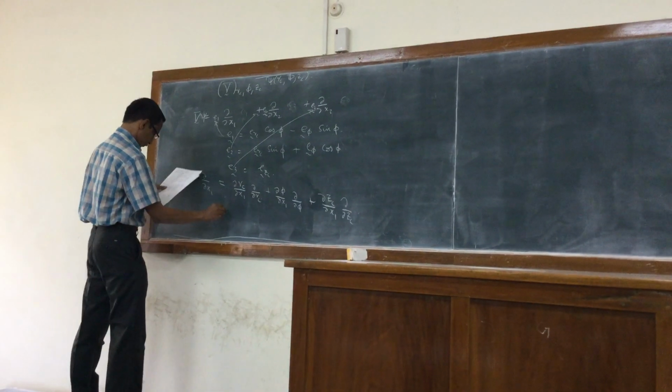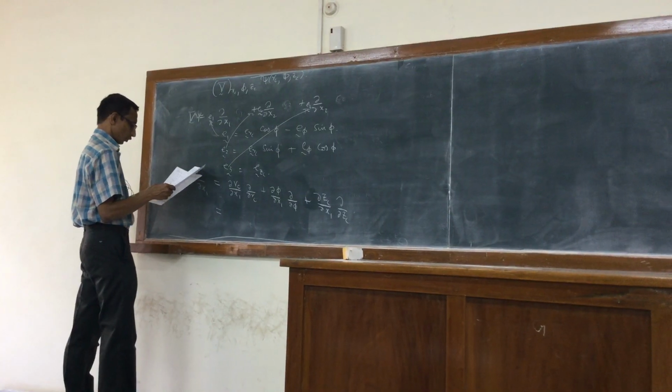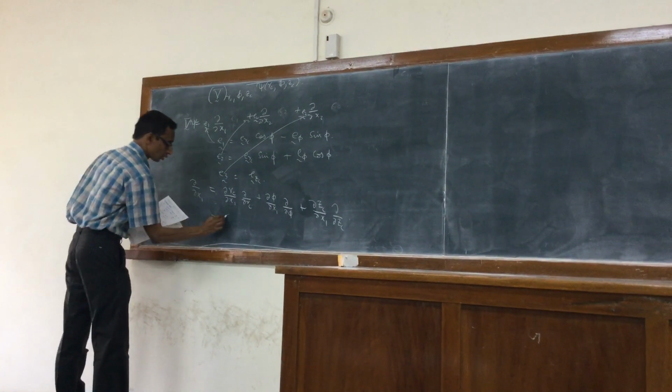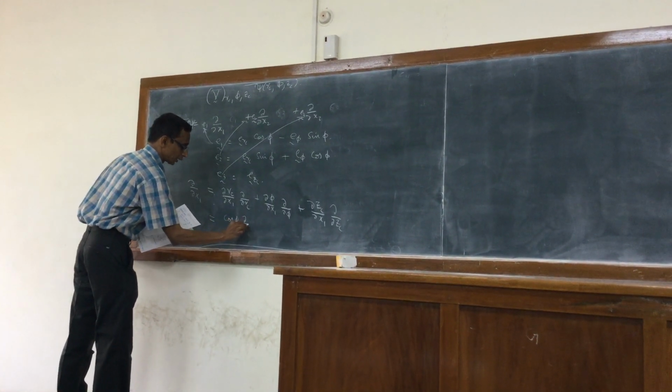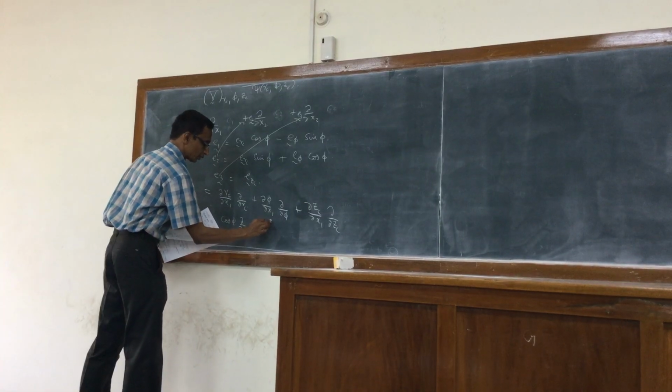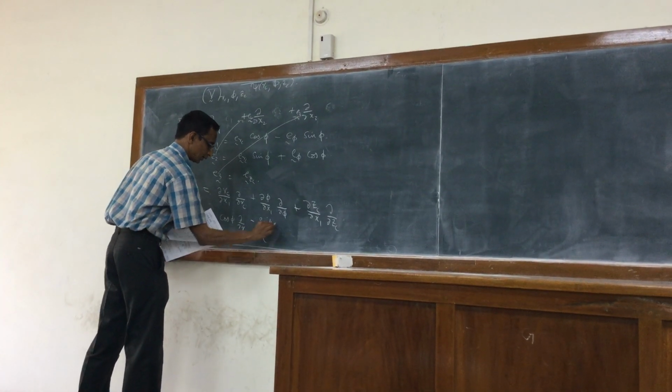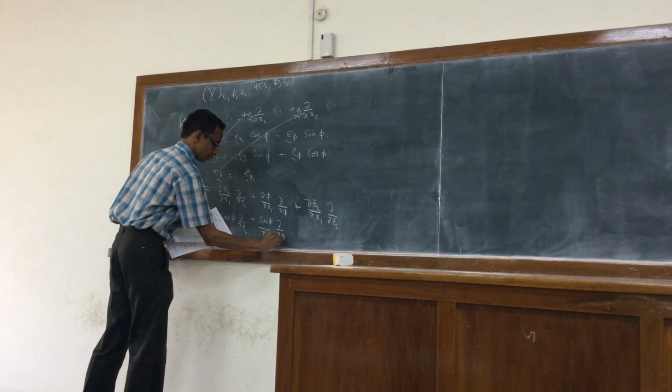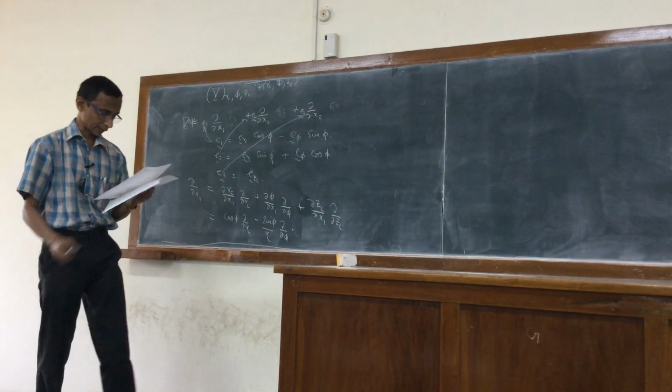And so this leads to the following formula: d by dx1 equals cos phi d by drc minus sin phi by rc d by d phi, as we saw yesterday.